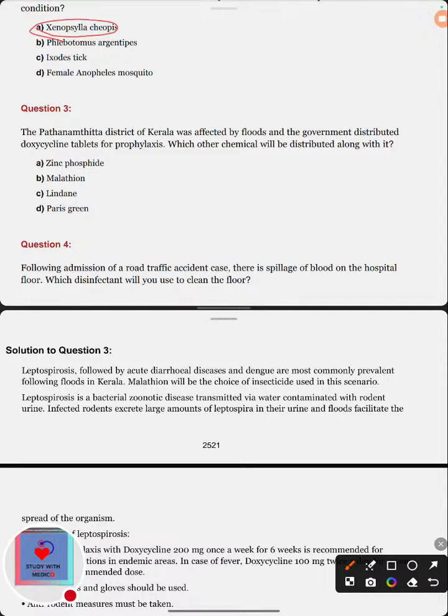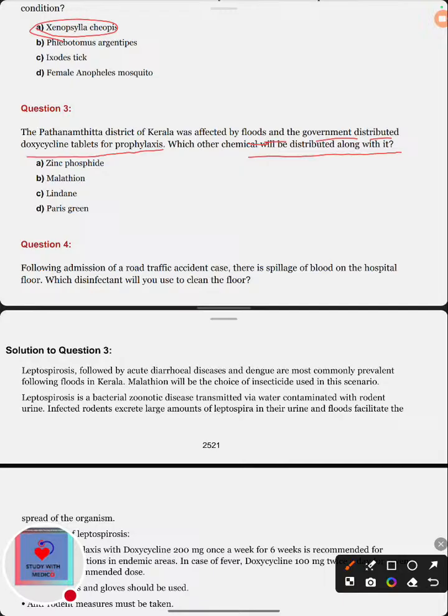The Pathanamthitta district of Kerala was affected by floods, and the government distributed doxycycline tablets for prophylaxis. Which other chemical will be distributed along with it?